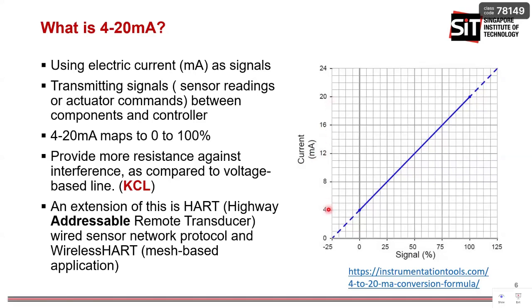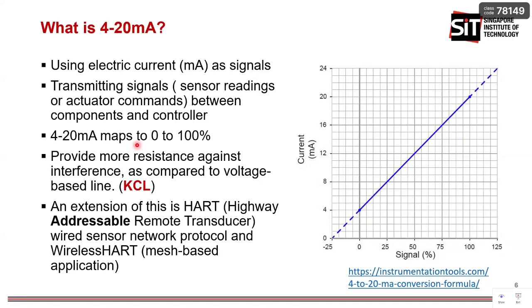Then what is this 4 to 20 milliamp supposed to represent? It represents a signal, over here on the x-axis, between 0 to 100%. And of course, this mapping of 0 to 100% can relate to any sensor signal or command signal that you are trying to manipulate.